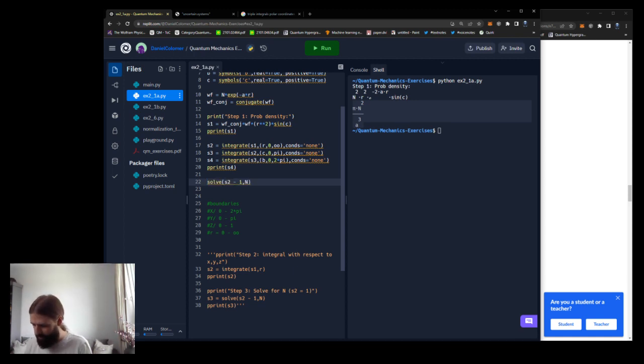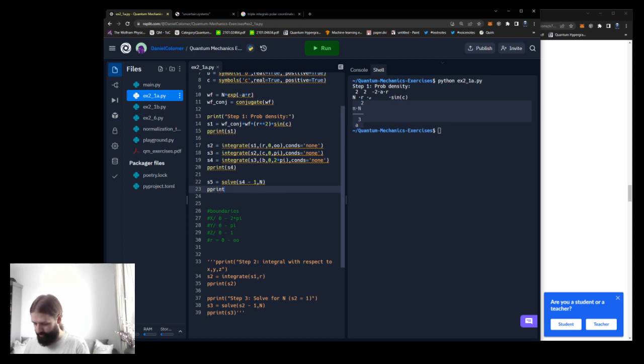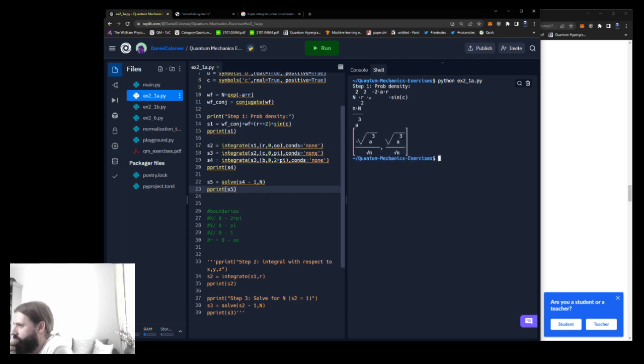No, that can't be true. If this works, then I'm gonna be like, what the hell is going on? For n, and then print S5. Well, what the heck? I think that worked.